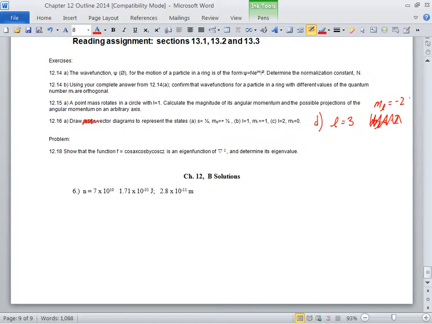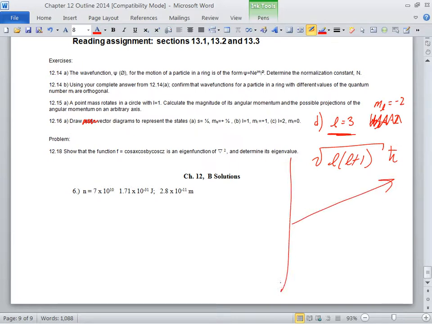Why only one? Because each projection needs an L value and an M sub L value. So if you draw projections for L equals 3, then remember the magnitude of the angular momentum was the square root of L times L plus 1, times h bar. That was the length of your arrow, right? So you kind of drew it like this, z-axis. But M sub L is -2, so I wouldn't draw it up. I'd draw it going down.